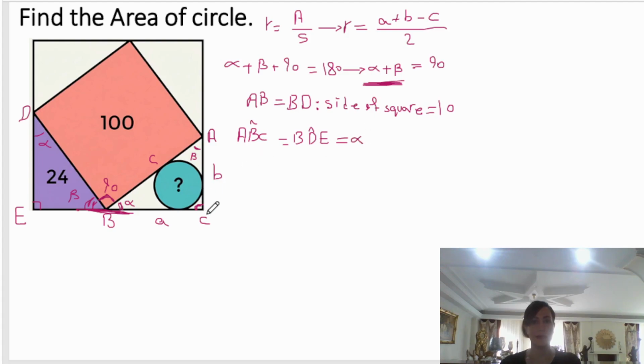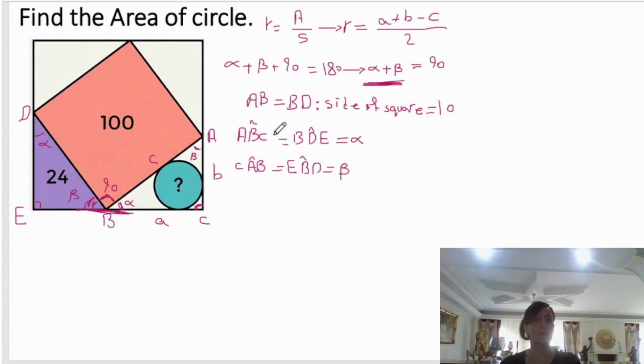Now we go to the angle CAB. The angle CAB equals the angle EBD. The angle EBD, which is beta.